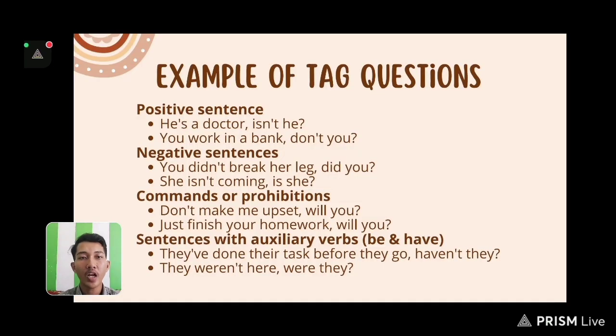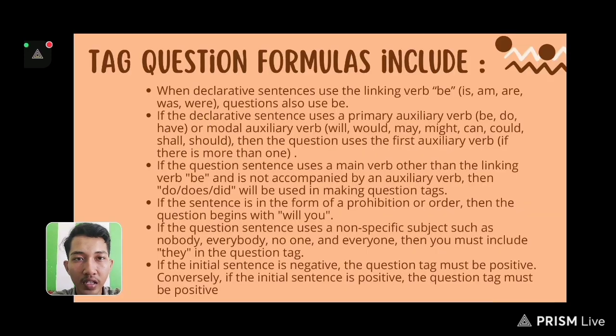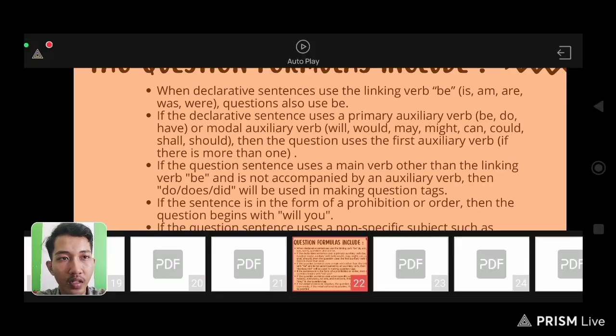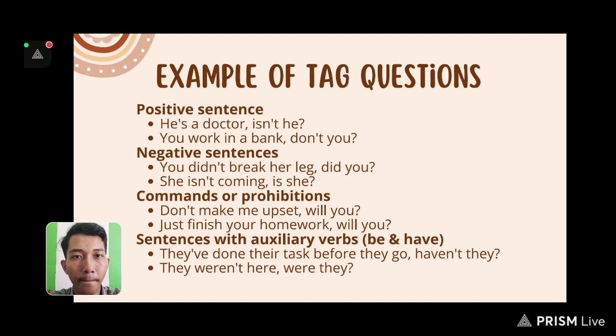This is an example of the question tags. The first is a positive sentence, following the same formula, so the question tag is negative. Okay, and next, you work in a pair.